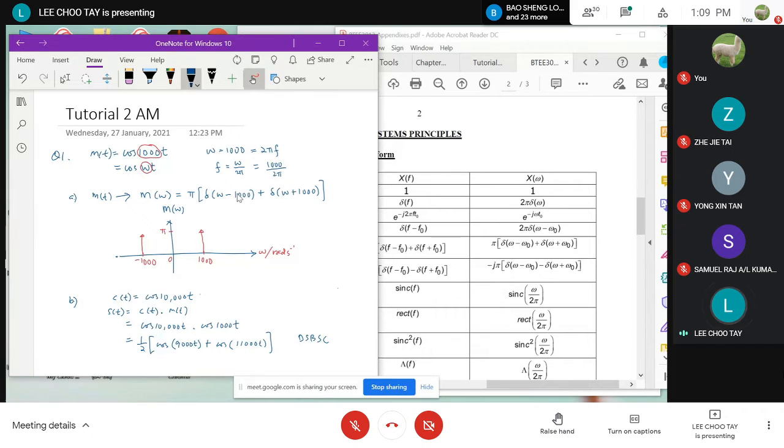That's how I end up with the term being 0 when omega is 1,000, so this one translates into this impulse. For the second delta function, the term in the bracket is 0 when omega is minus 1,000, so this gives me the impulse at minus 1,000. The magnitude is pi, so the magnitude of the two impulses are both pi.